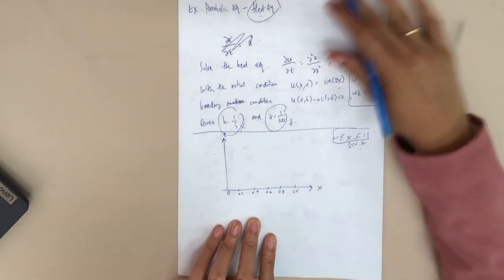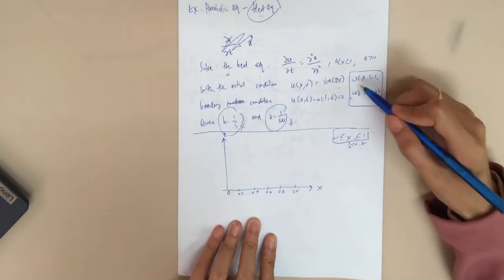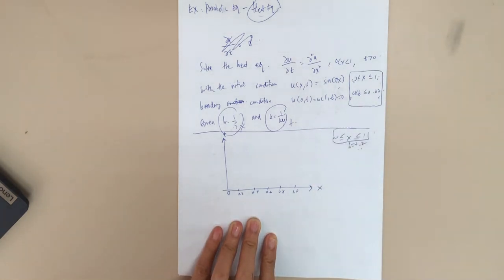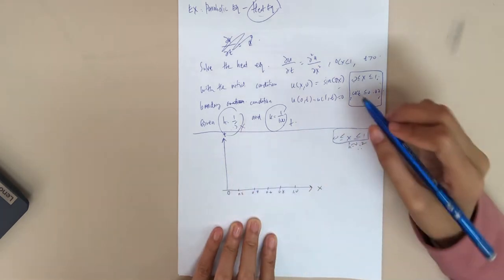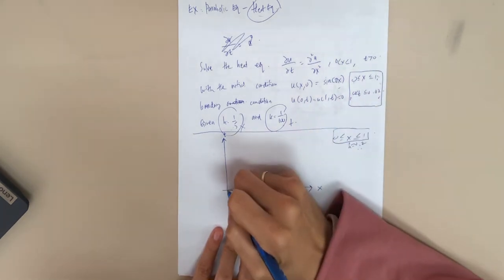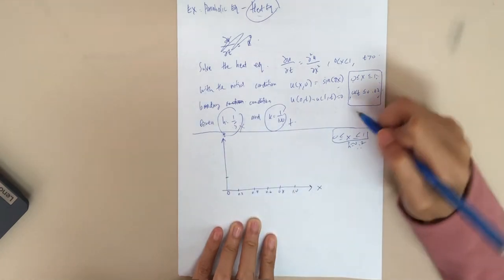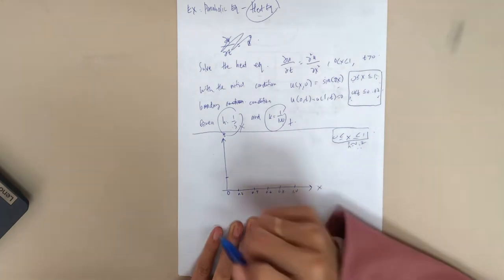Next, t. T is from 0 until 0.02 with the step size 1 over 100, which is 0.01.